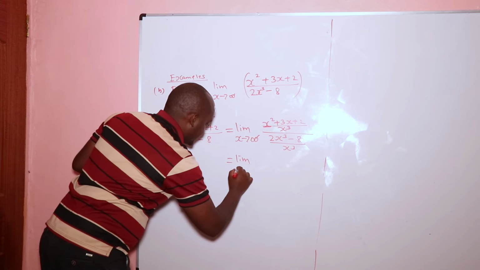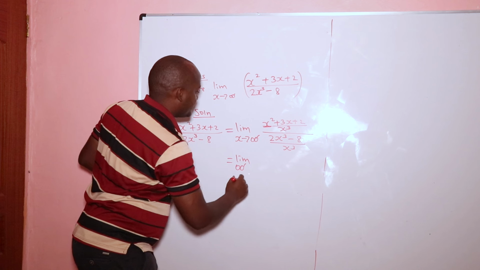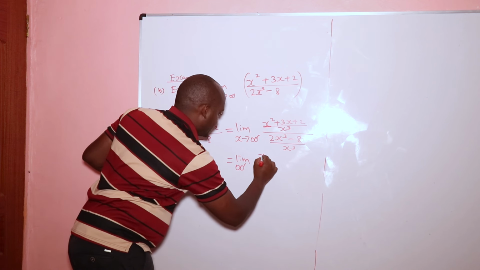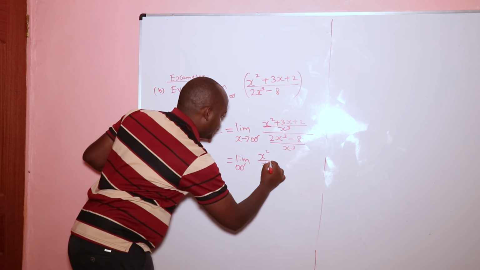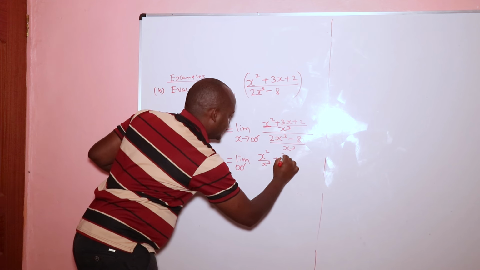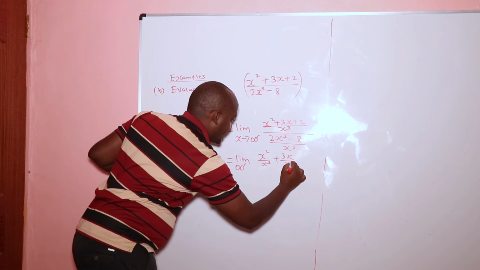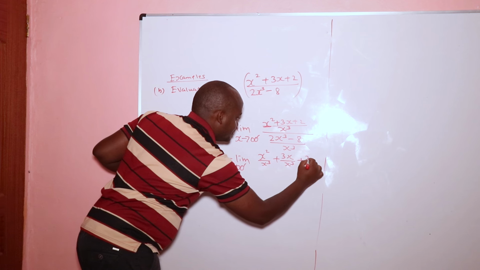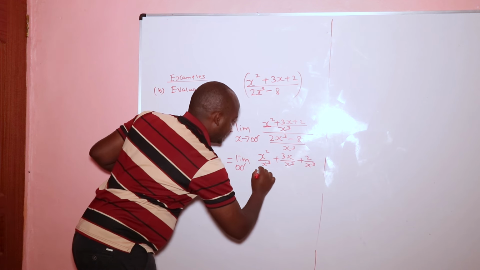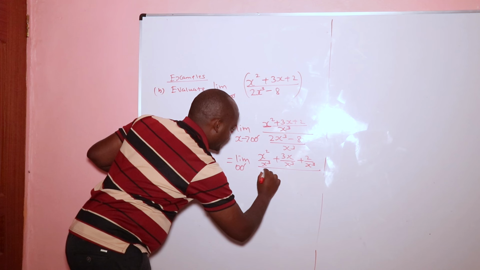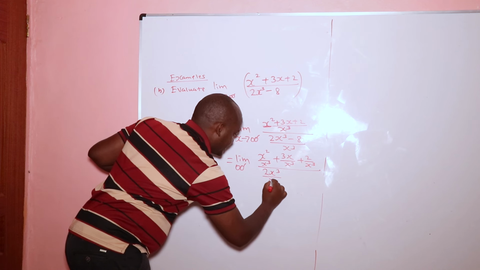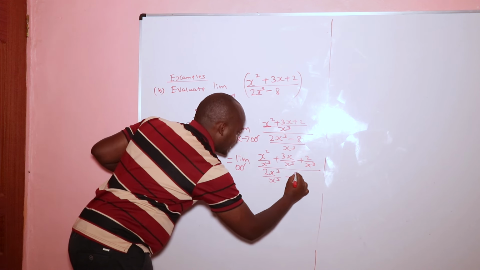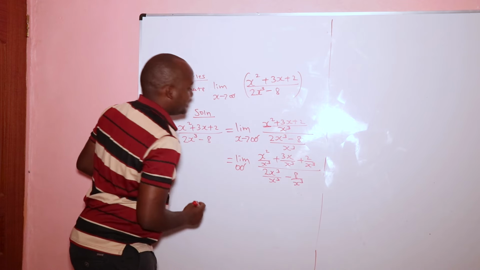Well, this is going to give us the limit as x approaches infinity of x squared over x cubed plus 3x over x cubed plus 2 over x cubed. This is divided by 2x cubed over x cubed minus 8 over x cubed.